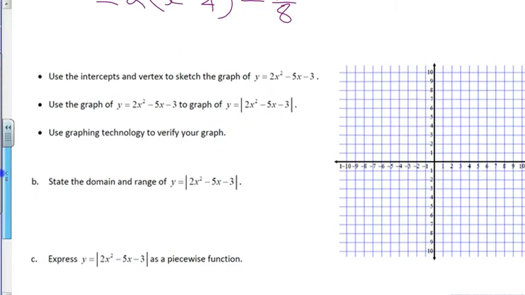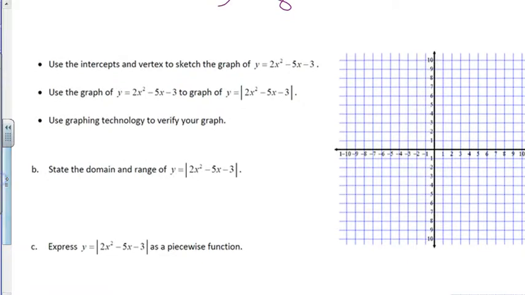Use the intercepts and vertex to sketch the graph of this. So where were the intercepts again? What do we have? -1/2, +3, -3. Just ran out of ink. Oh, there it is. And the vertex. I never wrote down the coordinates of the vertex. We should write that down.